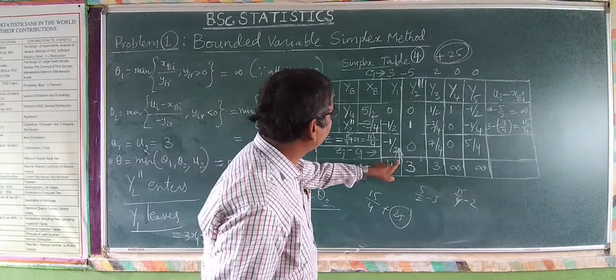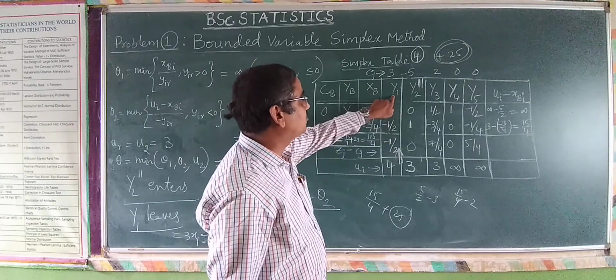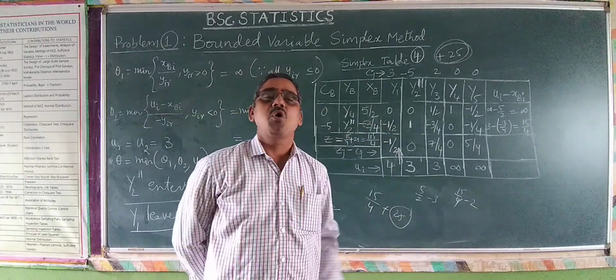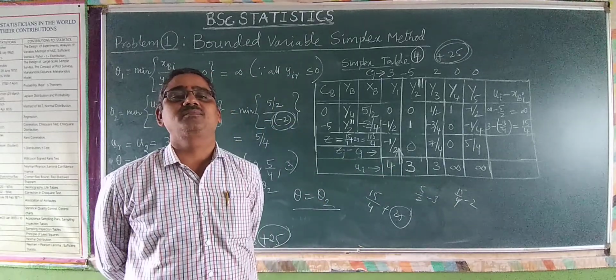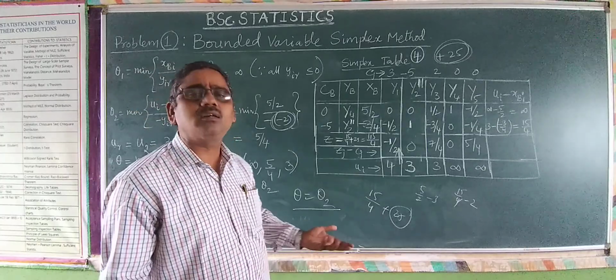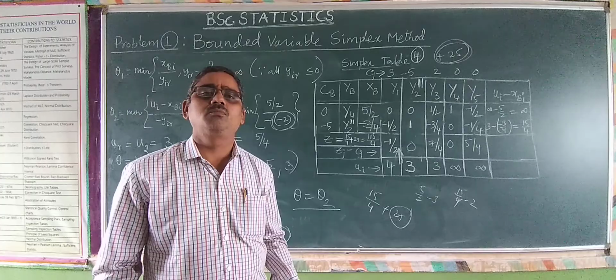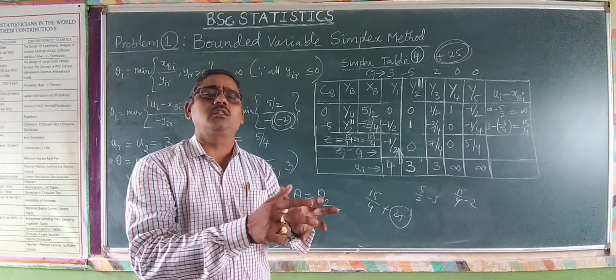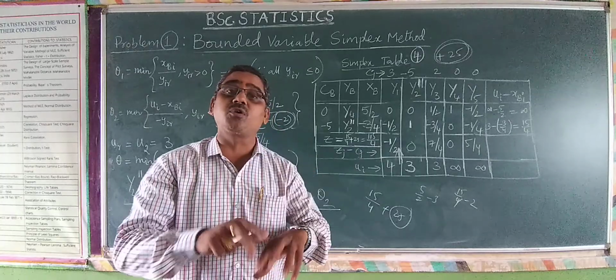Now you observe this arrow marker, and corresponding to this we have y1, that is, x1 is a non-basic variable now. Corresponding to that, we don't write and we don't calculate further again. So don't think the remaining calculations are going to be made with the help of the simplex table as in the usual simplex result. No.